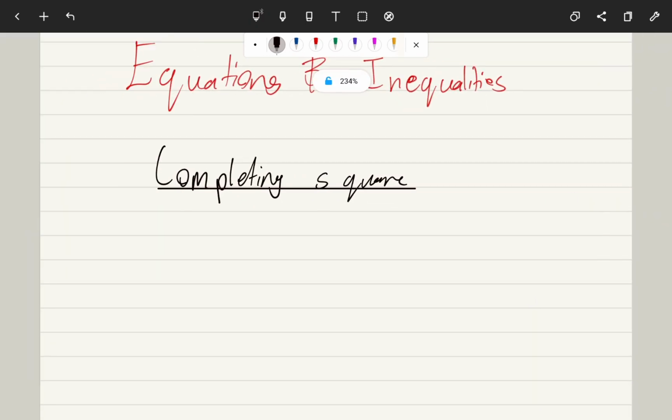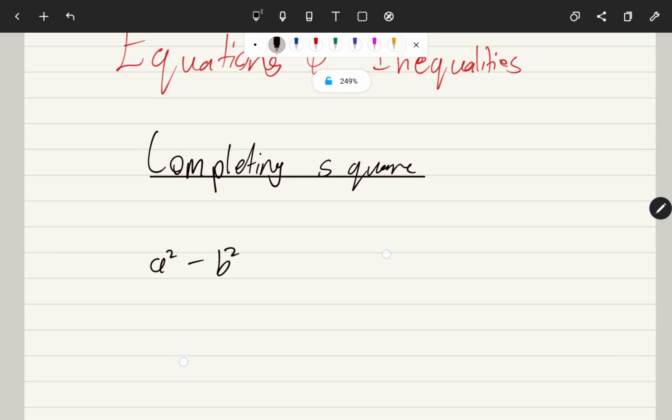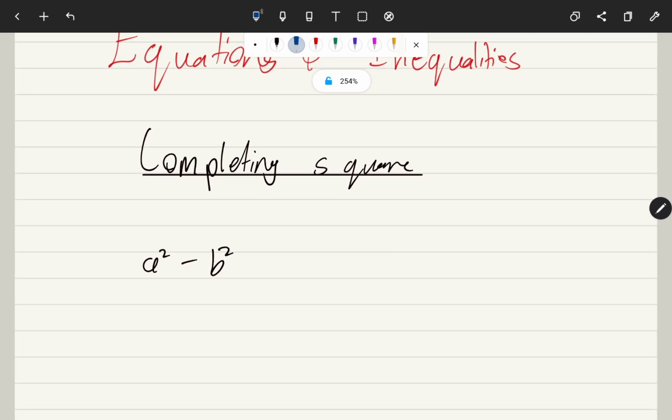In factorization we have this thing where if you have a squared minus b squared, if you have anything of this form, you realize you have a difference of two squares. The reason is you have a squared number, and you are subtracting, right? So that's a difference of two squares. If you're asked to factorize this, your answer is always like this. You don't even have to think about it.